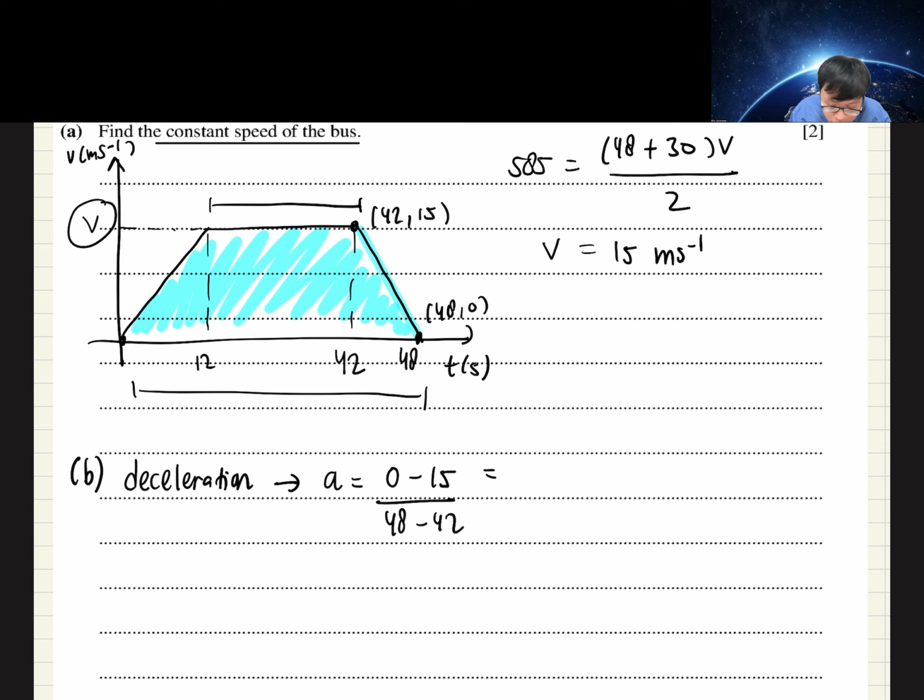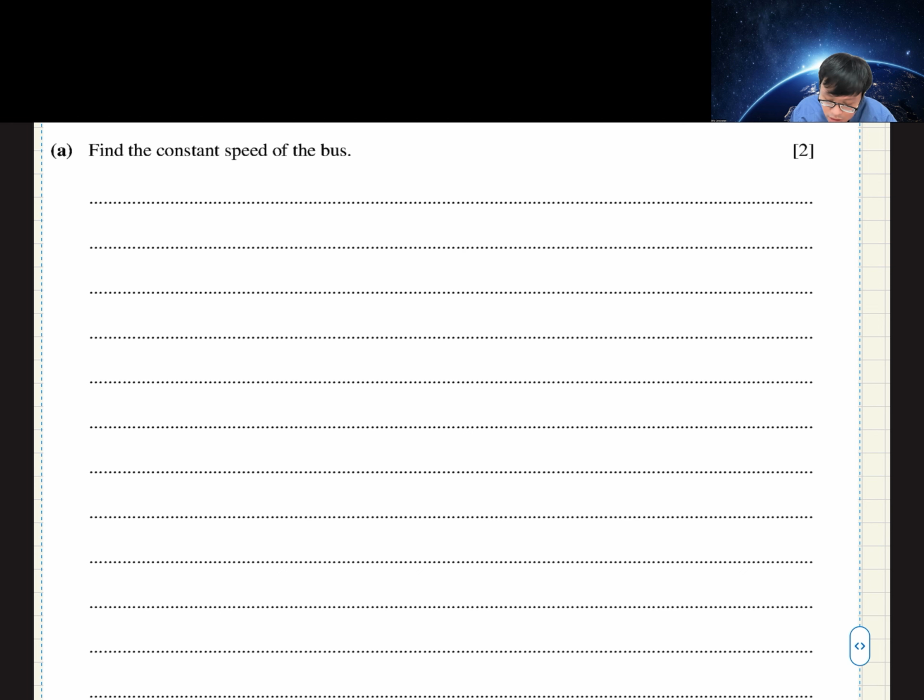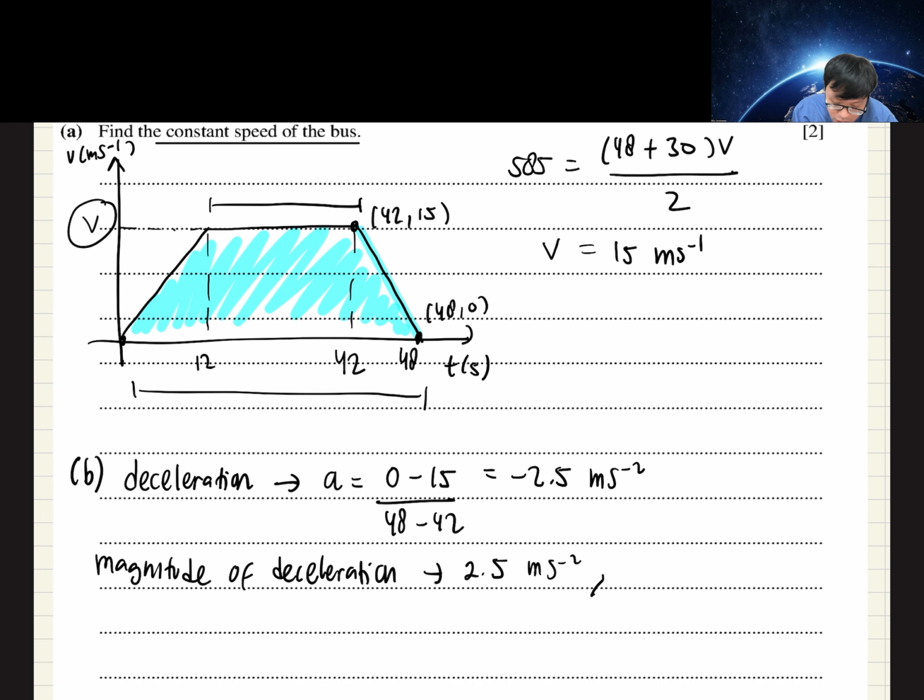If you calculate this, you get minus 2.5 meter per second squared. But be careful, the question is the magnitude. The magnitude of deceleration means that we don't care about the negative or the direction or the sign. You just need to make it positive, so the magnitude of deceleration is 2.5 meter per second squared.